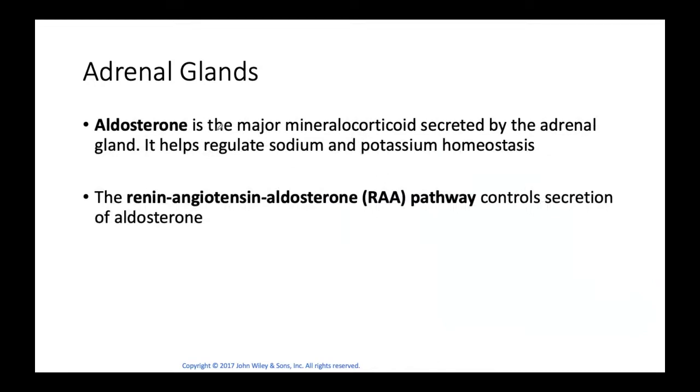Now, aldosterone is a major mineral corticoid that's secreted by the adrenal gland, and it's going to regulate sodium and potassium homeostasis. Remember, if this is the cell, if we have sodium coming in, then potassium goes out. So potassium is like the anti-sodium. Many people have high blood pressure, not because they're not eliminating sodium, right? People have been talking about lowering sodium for like 30 years, 40 years, and there's still people with high blood pressure.